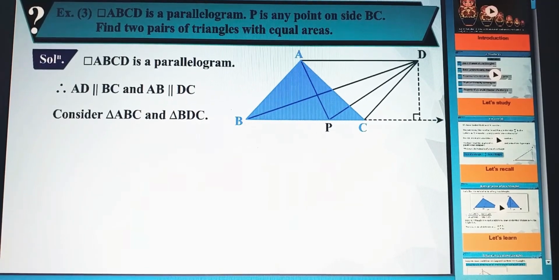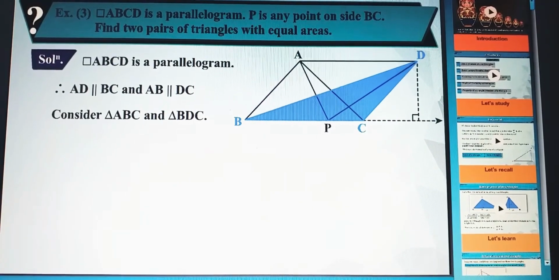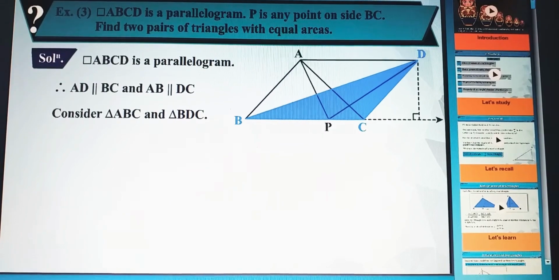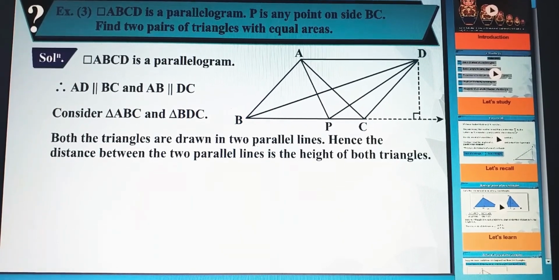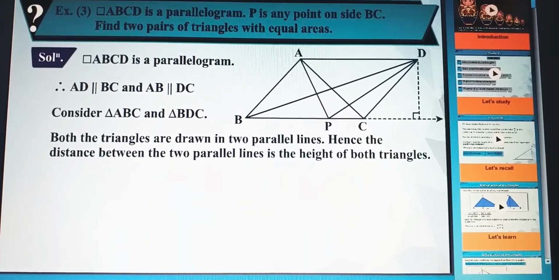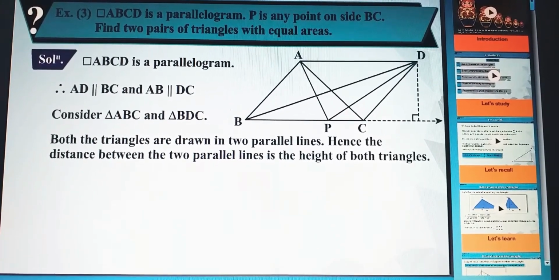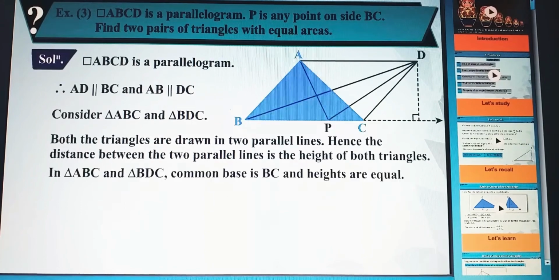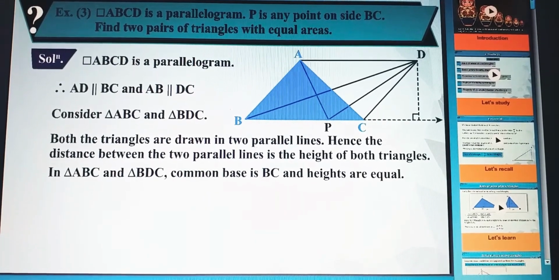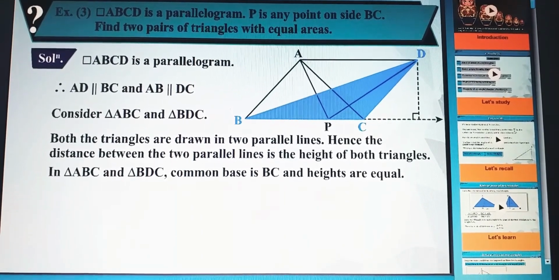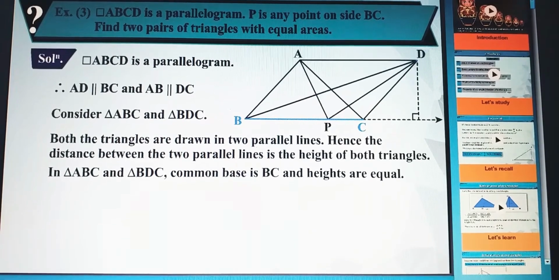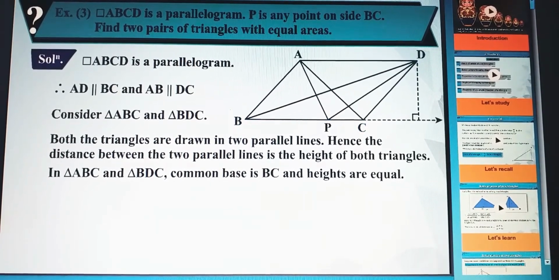Consider triangle ABC and triangle BDC. Both the triangles are drawn between two parallel lines. Hence, the distance between the two parallel lines is the height of both triangles. In triangle ABC and triangle BDC, common base is BC and heights are equal.